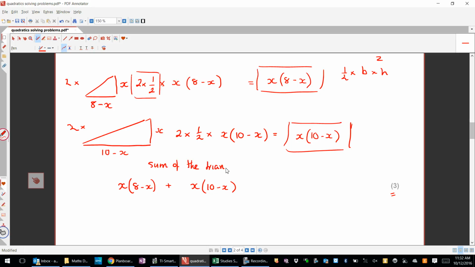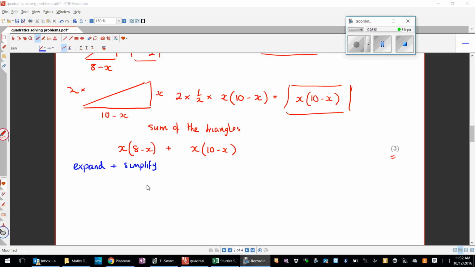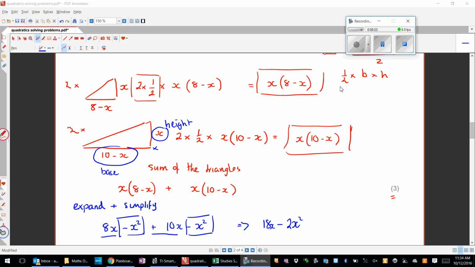How do you add those together? Expand and simplify. Go on then, I'll let you do that while I pause. Okay, so expanded, simplified, collecting like terms. So we've got plus 10x, 8x makes the 18x.